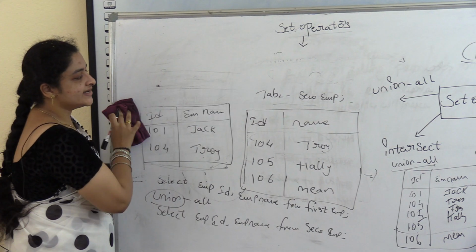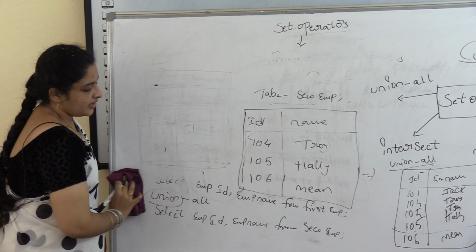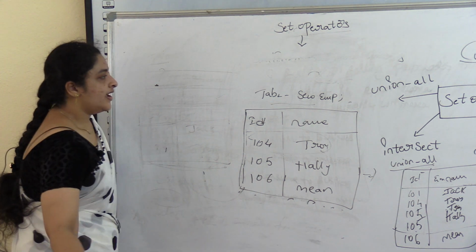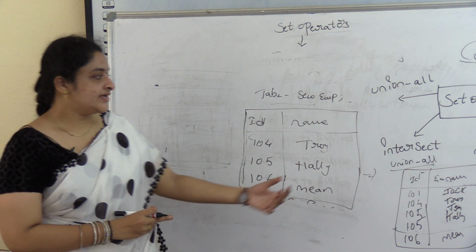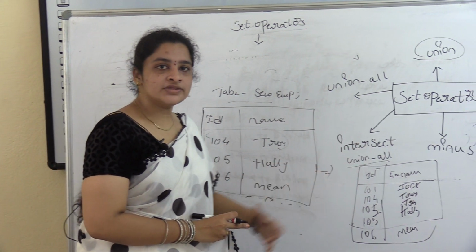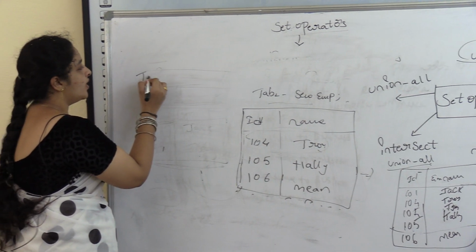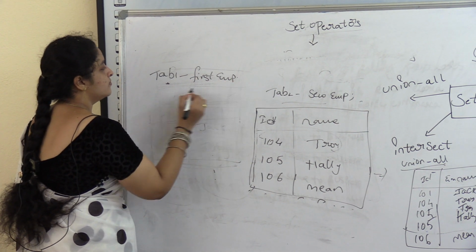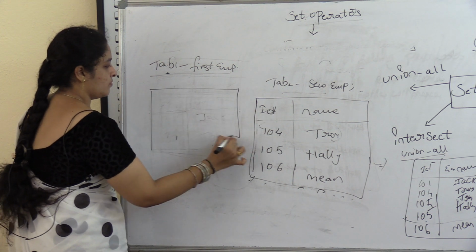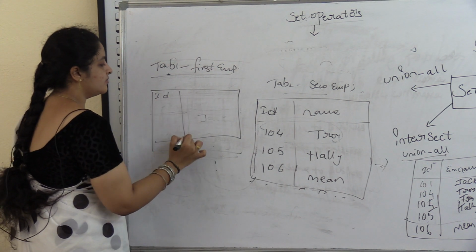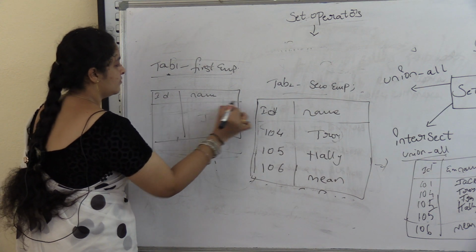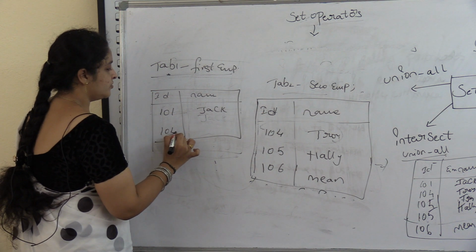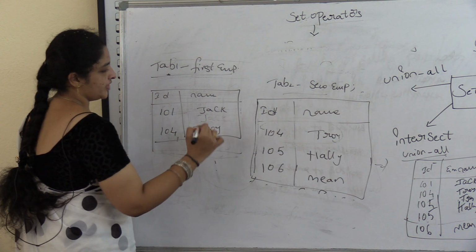Next one, intersect. We know intersect from mathematics also. In intersect, we have to take only the common values in both tables. Table 1, again we take first employee, ID, name, 101 Jack, 104 Troy.